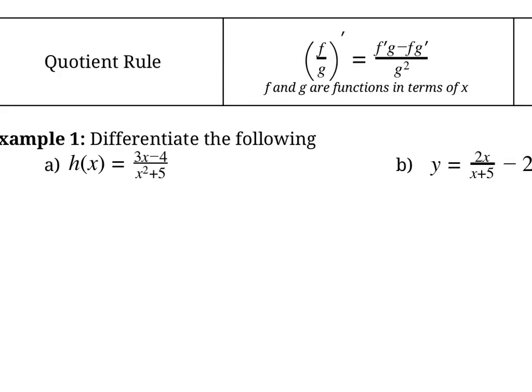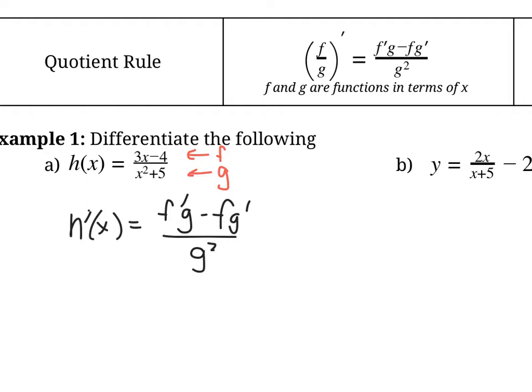So for this first problem, let's pretend this thing on the top is the f, and let's pretend the thing on the bottom is the g. If that's the case, h prime of x is going to equal f prime g minus f g prime all over g squared. And we can plug in what each of those things are now. So f prime is just the derivative of what's on top, which is just 3.